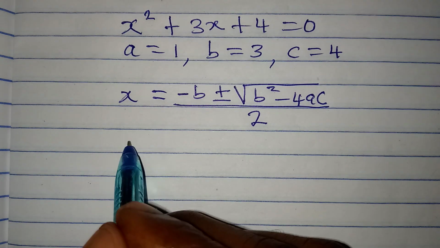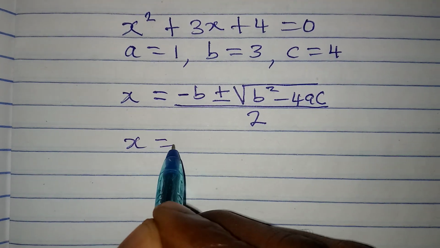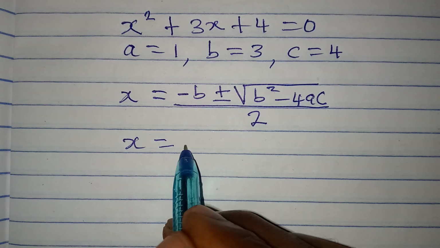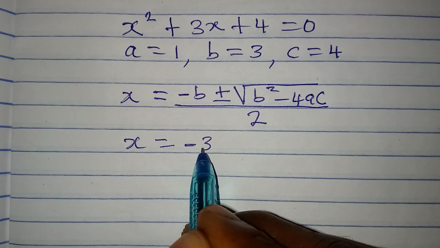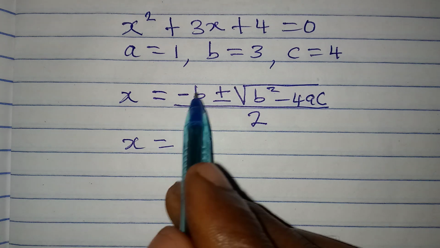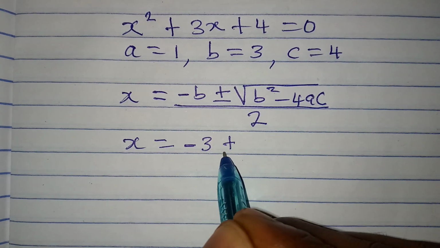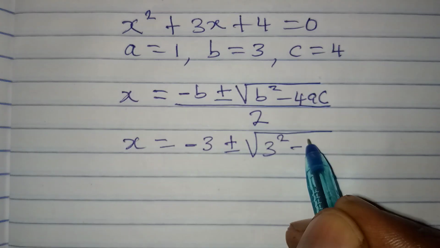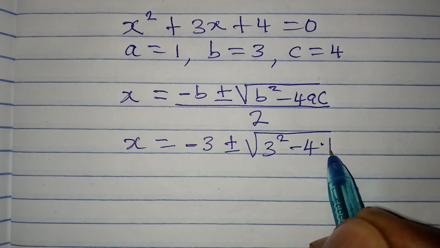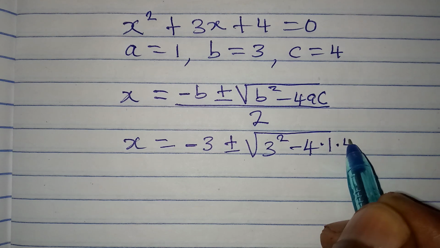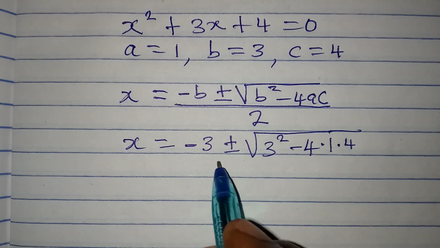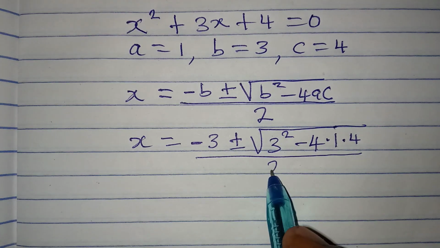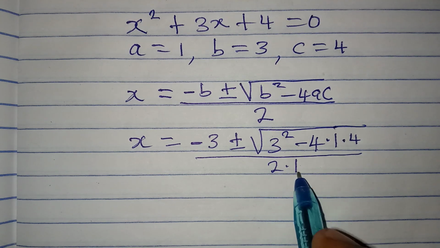Okay, so let's continue. Our x will now be, in place of b, I'm writing minus 3. Minus b is minus 3 now. Positive or negative, we have 3 squared minus 4 times a times c, which is also 4. And this is divided by 2 times a.